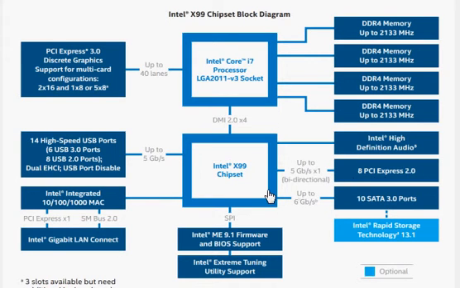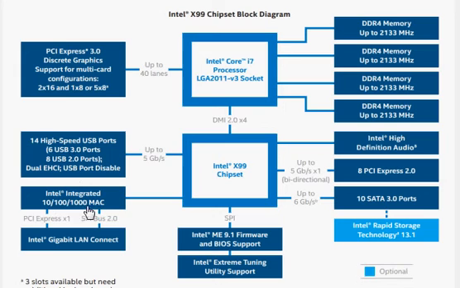And then we have 10 SATA 3.0 ports that can work at 6 gigabit per second. We have 14 USB ports, 6 of them 3.0 and 8 of them being USB 2.0. I believe in future we should start seeing lower and lower number of 2.0 and more of the USB 3.0.